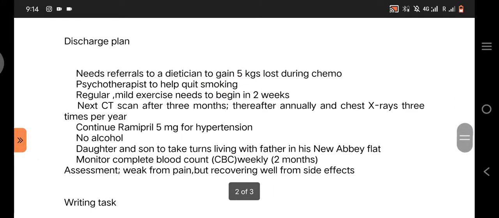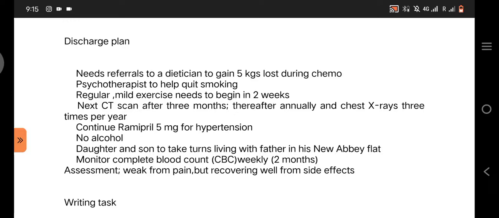And the last part is the discharge plan. It tells what the reader is supposed to do for this patient when they get this letter. So here, this patient requires referral to a dietitian because of 5 kg of body weight loss due to chemotherapy.